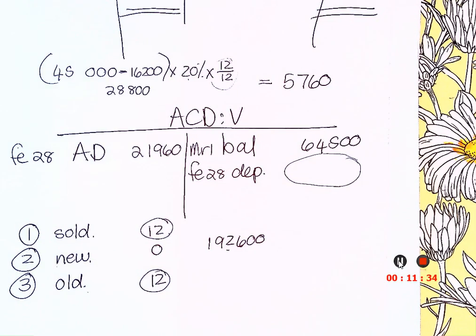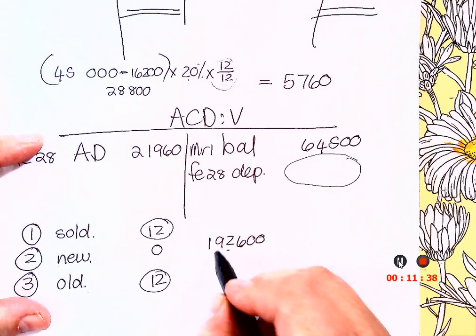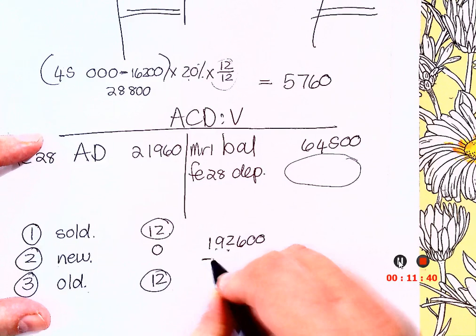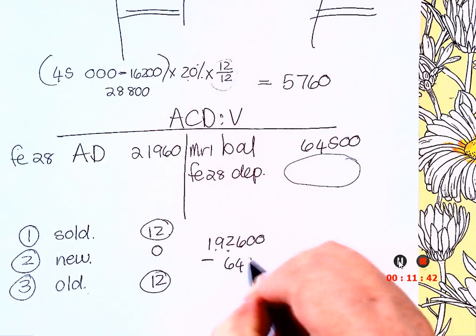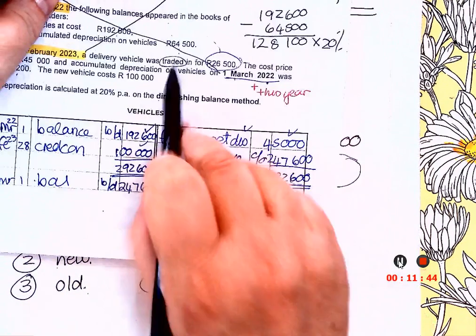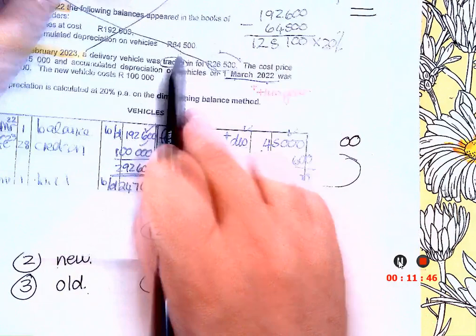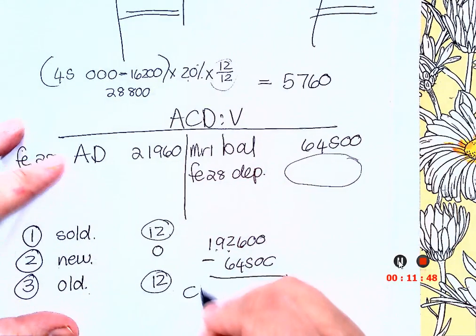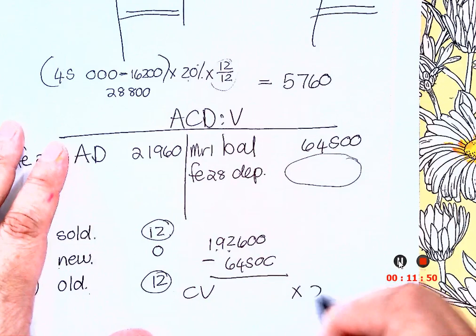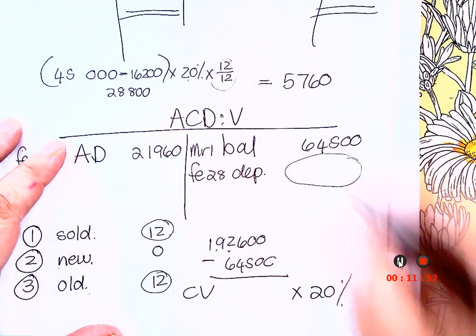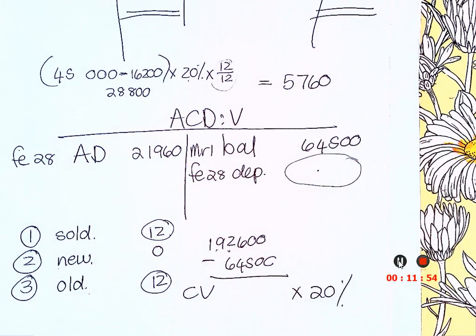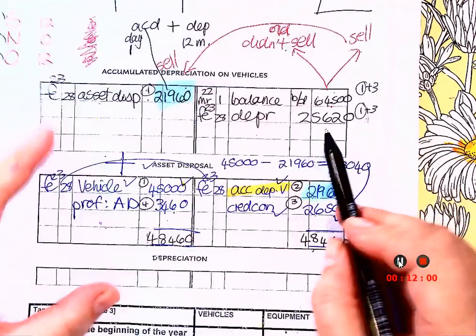So at this stage, just keep it simple. I can say the 192 and I'm subtracting the accumulated that I got here, to get the carry value, and that I'm going to times by 20%, and that's going to be the depreciation. We did it yesterday. That was the 25,620.